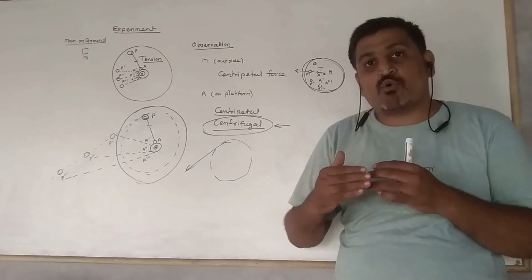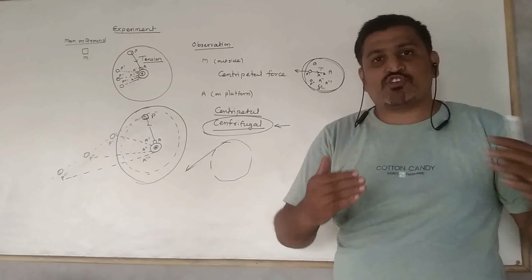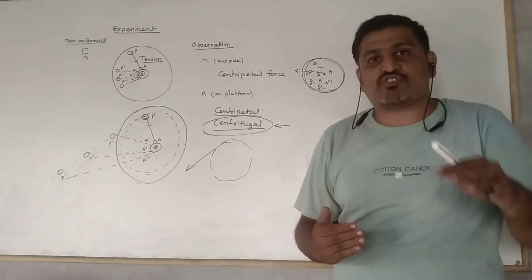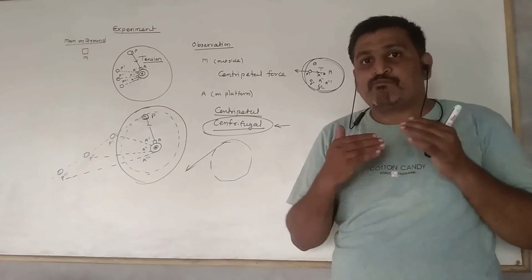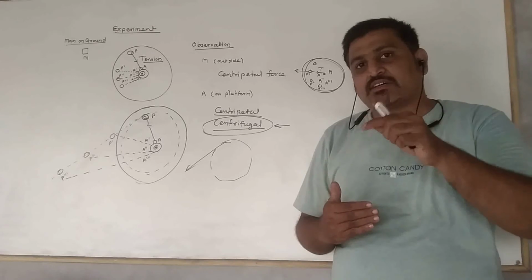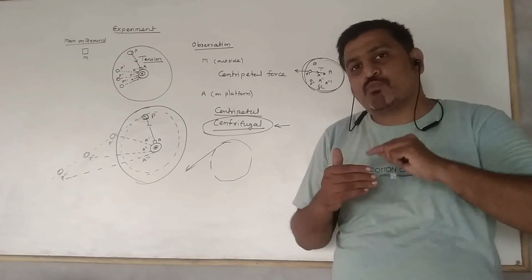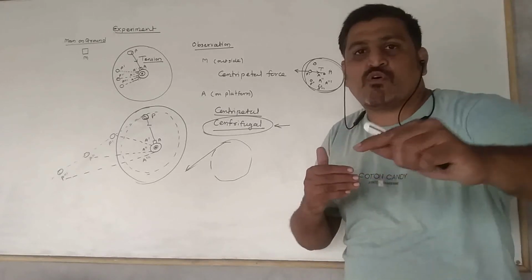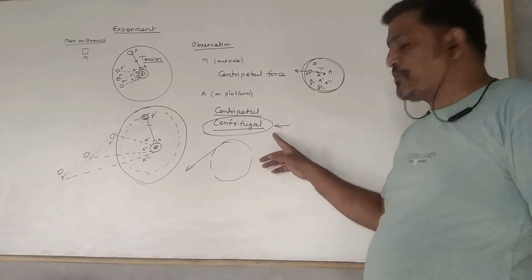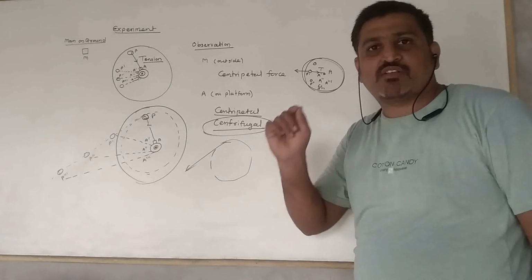The ball is going away from him as the position changes. This suggests that some kind of force is exerted on the ball which moves it away from the center, and that force he introduced as a centrifugal force.